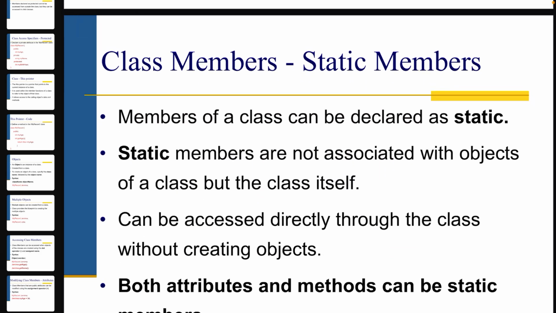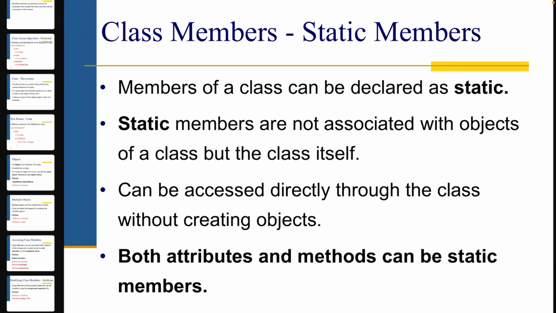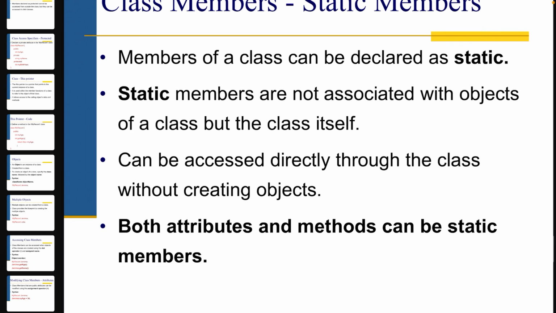And class members, which are static members, of a class can be declared as static. Static members are not associated with objects of a class but with the class itself, and can be accessed directly through the class without creating objects.